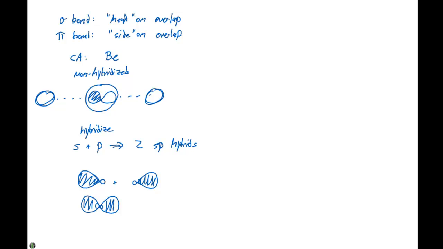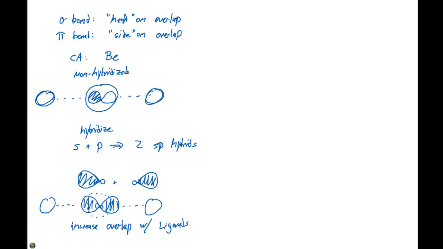And what happens is, when we bring in a fluorine on either side and come to overlap them, the regular non-hybridized orbitals would kind of take up about this much space. So this can increase the overlap with the ligands, which are in this case fluorine.